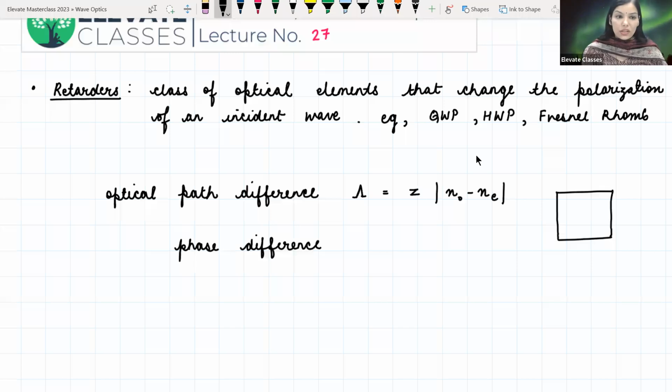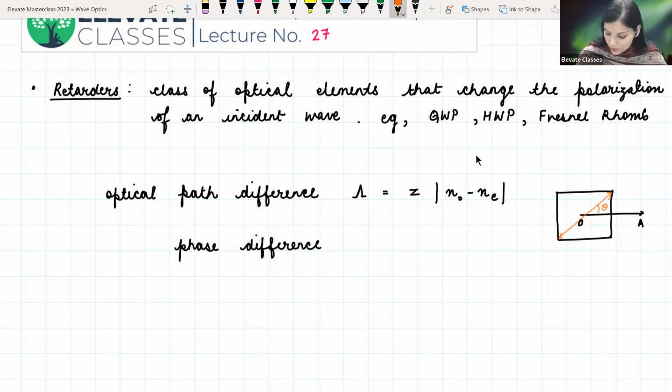Okay, so I have some retarder, I have some kind of a half wave plate or quarter wave plate, and I'm assuming that this is my optic axis. Okay, so the incident beam is falling like this, making some angle theta with respect to the optic axis.